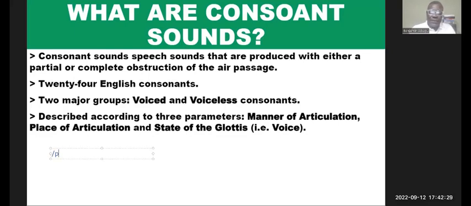We're talking about P, and then we are talking about B. Now, P is voiceless. And B is voiced.